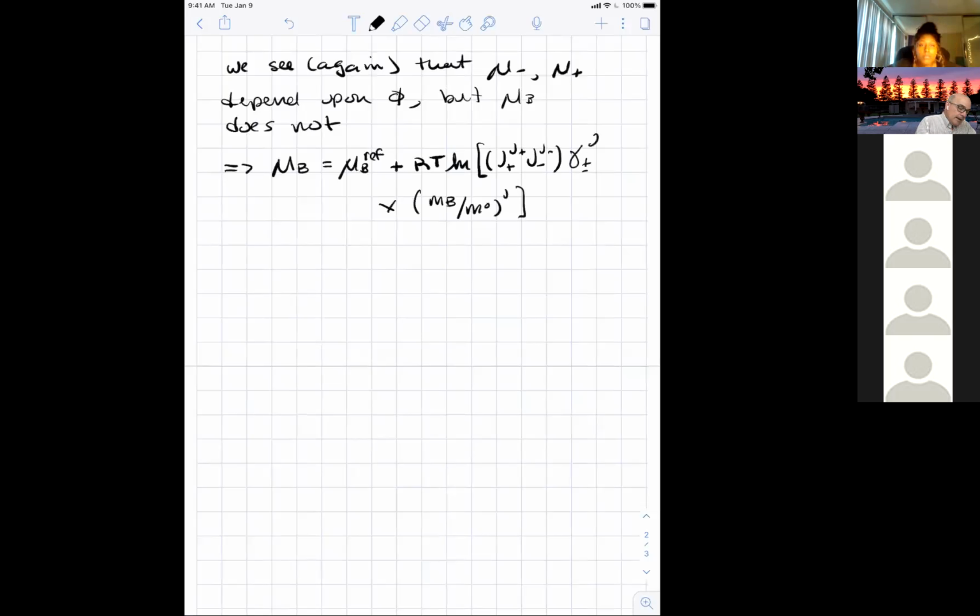And this difference, remember, what makes this useful is that this difference is measurable, say from the relative fugacity measurement, which we talked about last time.